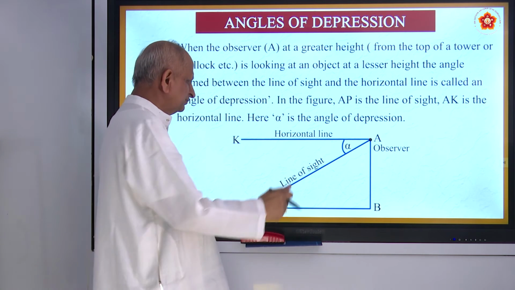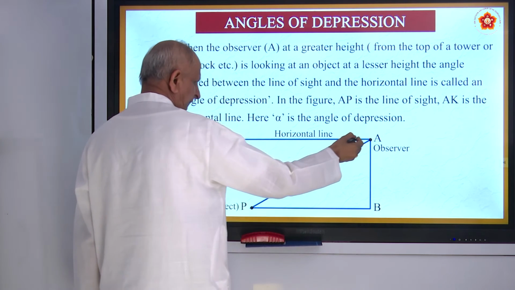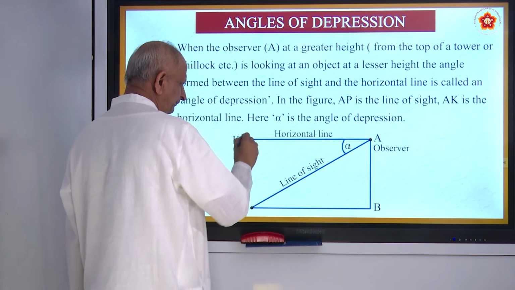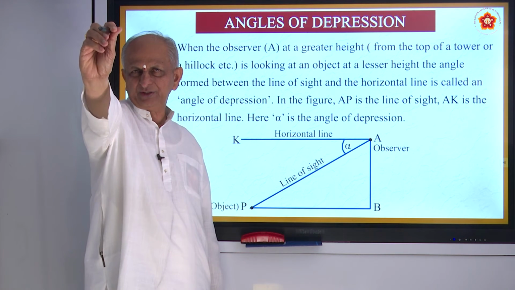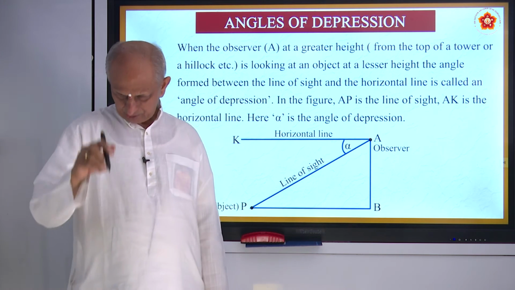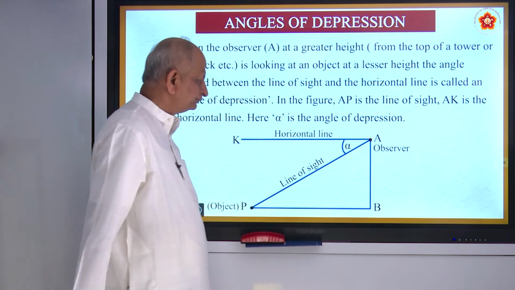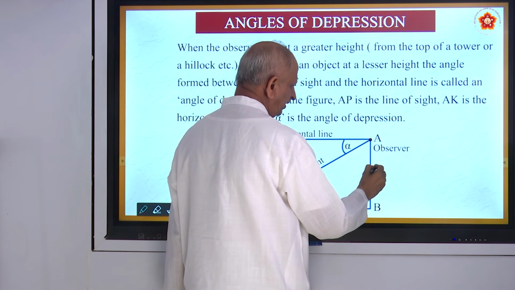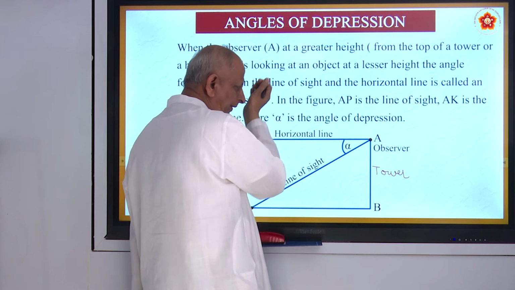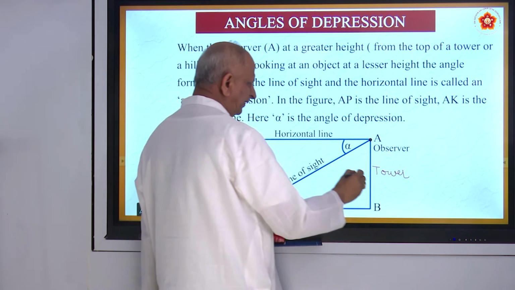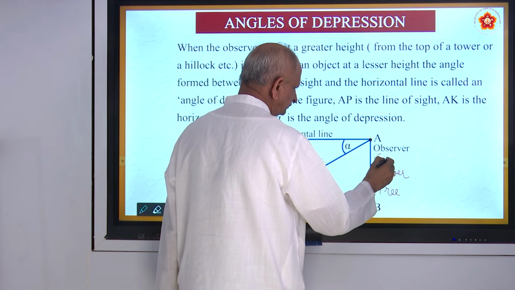Here, this is called the angle of depression. So AP is called the line of sight. KA is called the horizontal. Horizontal means straight to the eyesight. There is the horizontal line, and looking down is depression. And this is what is called the ground. This may be a tower, or the top of a house, or the top of a tree, or a lighthouse.